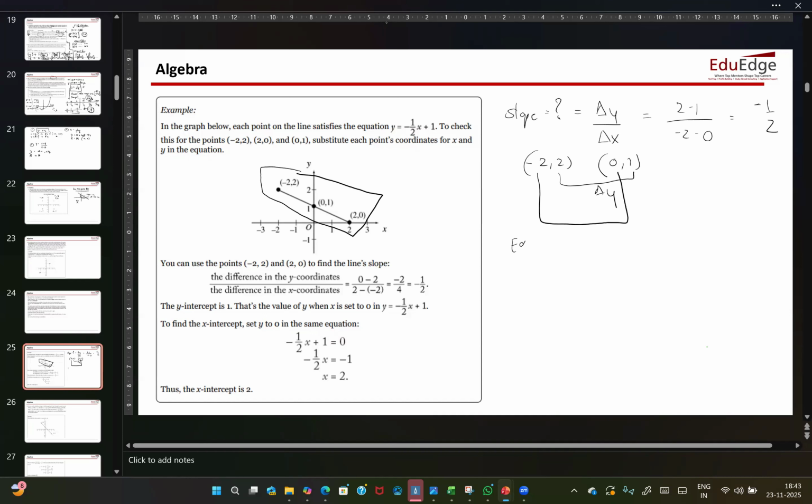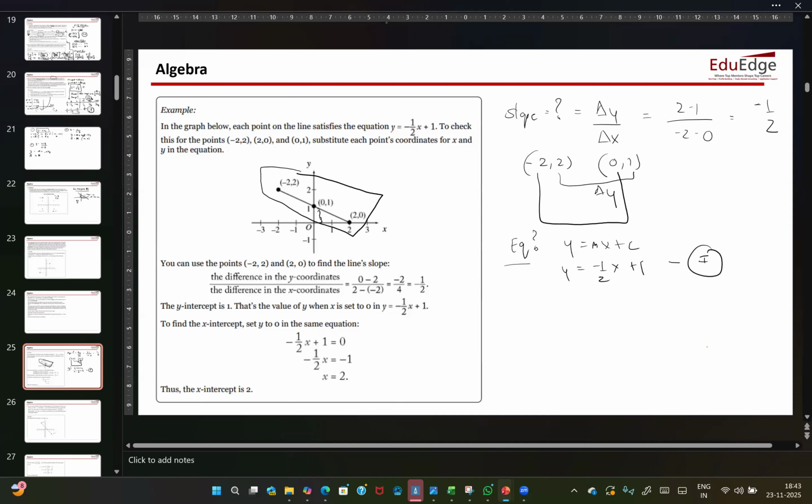So what is the equation of the line? So c is 1. So y is equal to -1 by 2x plus 1. So c is 1, right? Yes, the y-intercept. So I can directly write y is equal to mx plus c. And I can write y is equal to minus half x plus 1. This is one way of doing it.